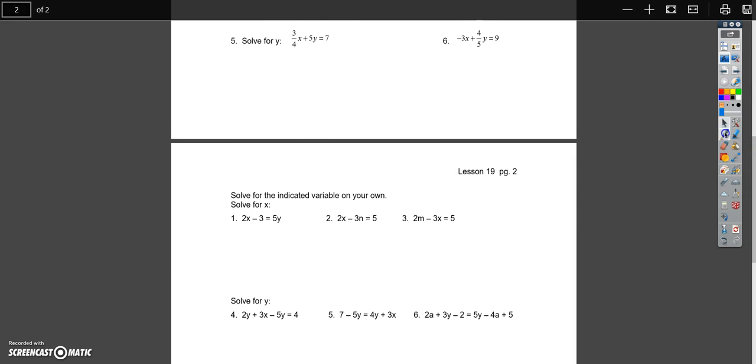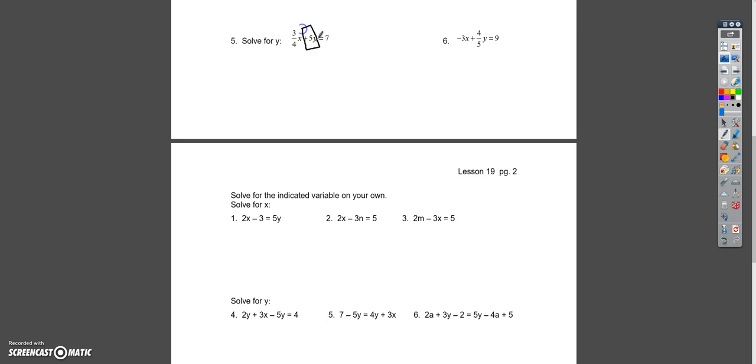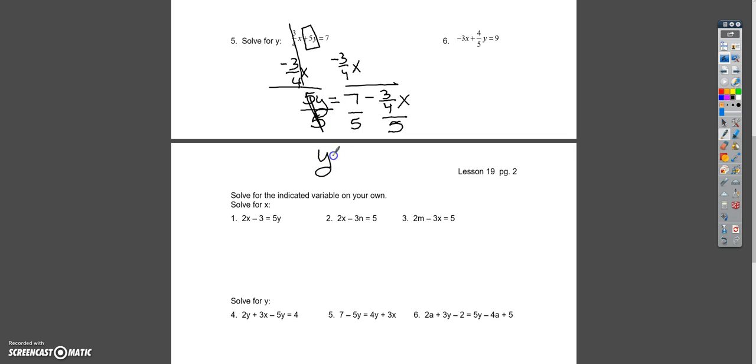So this one says solve for y. So we're going to get this by itself. Since it's positive, I'm going to leave it. I'm going to subtract 3/4 x minus 3/4 x. So that goes away. 5y equals 7 minus 3/4x. Divide by 5. y here equals 7/5.